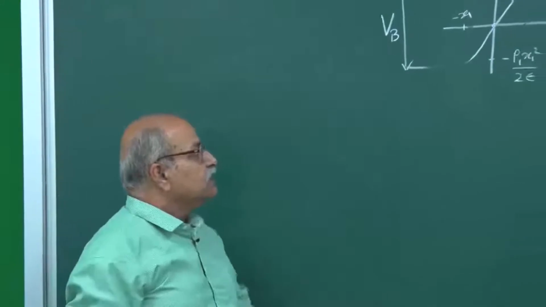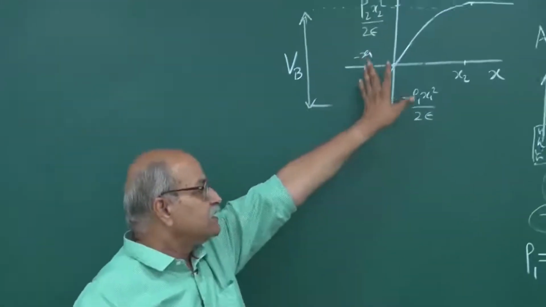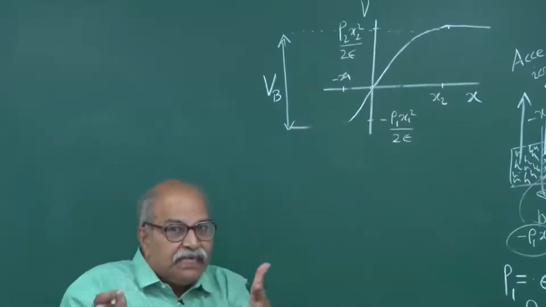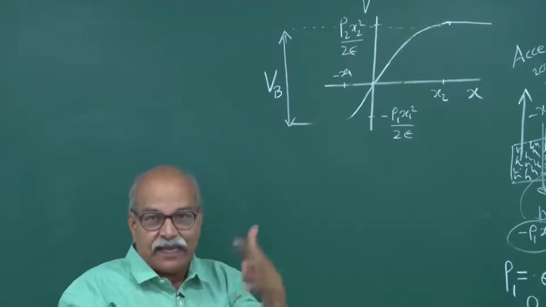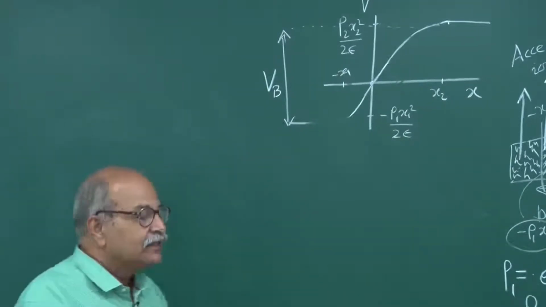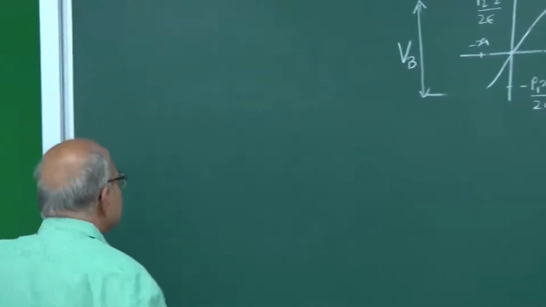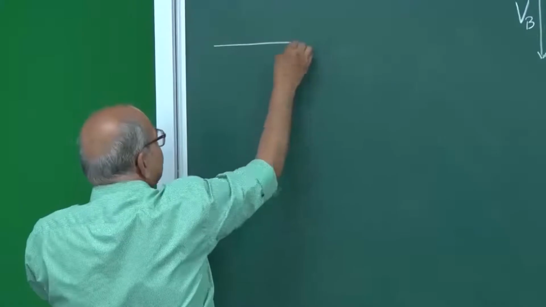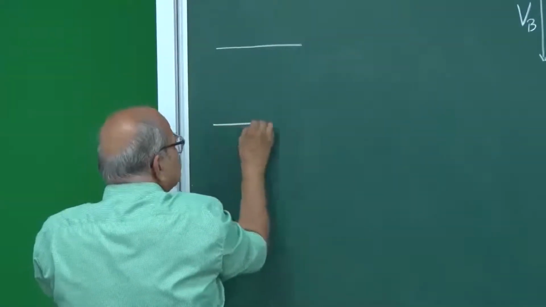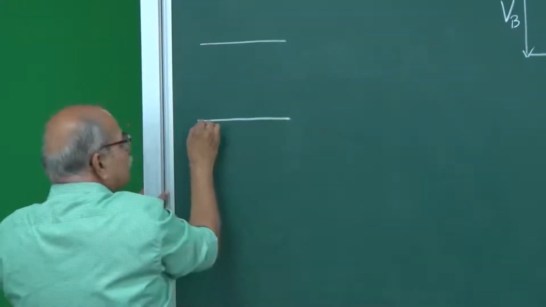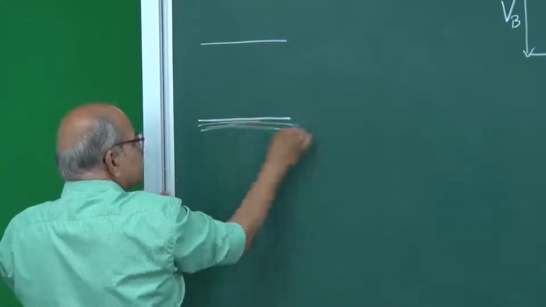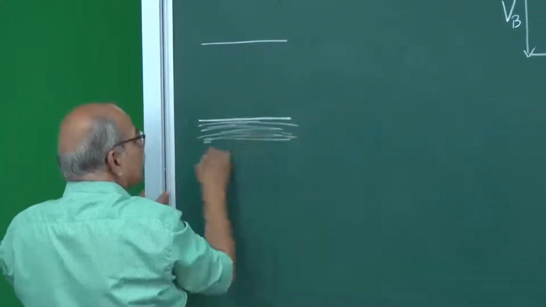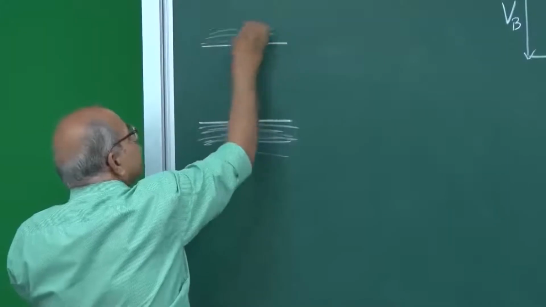So if there is no potential difference, you only have a p type semiconductor and n type semiconductor in the same original material, then the conduction band is here, the valence band is here. All these energies are valence band energies, all these energies are conduction band energies.